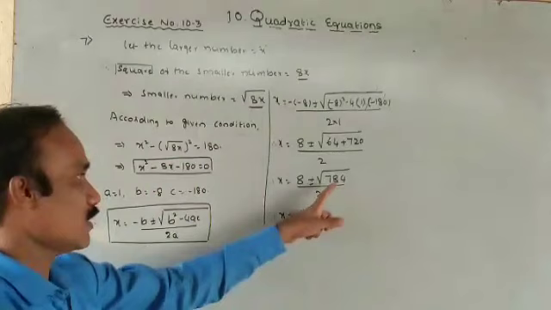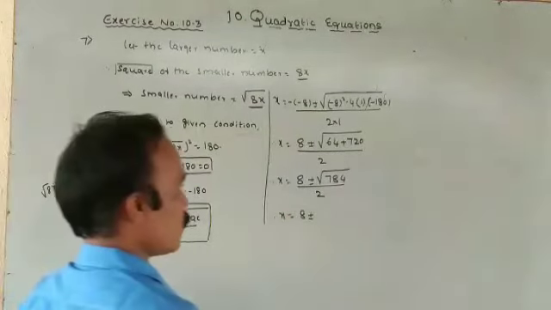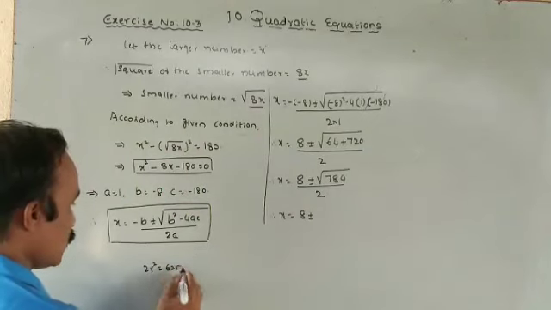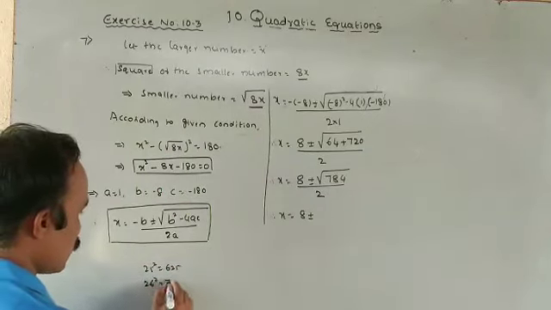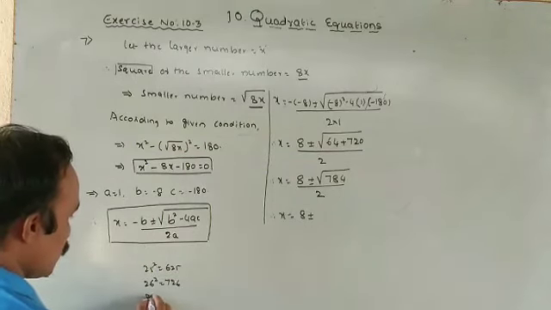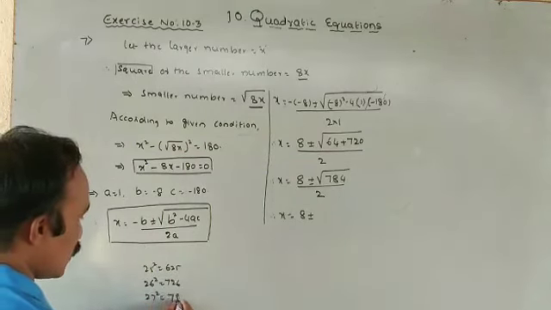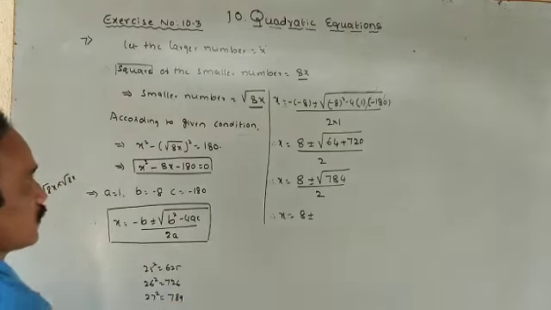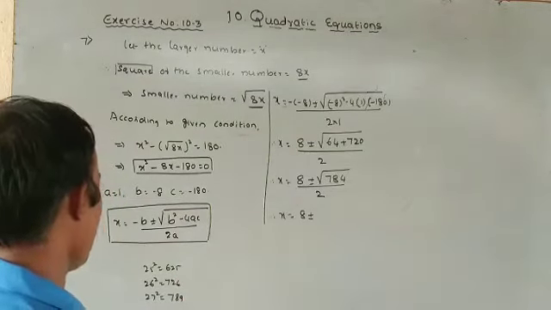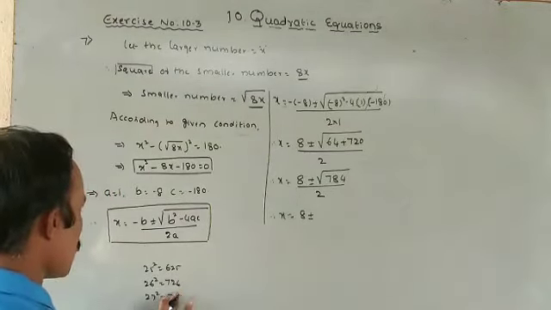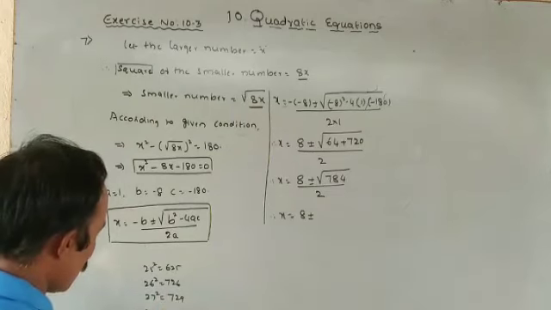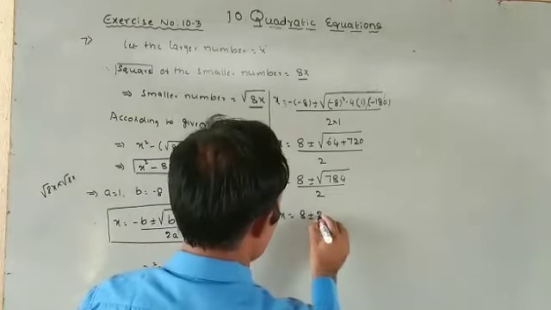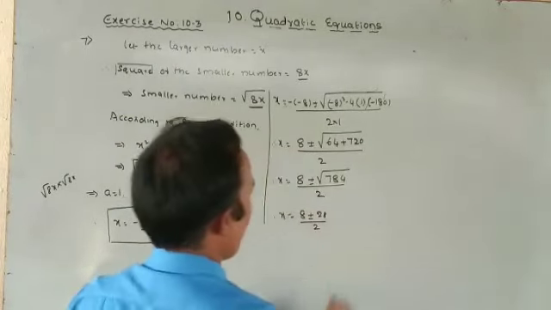What is the root of 784? 25 square is 625, 26 square is 676, 27 square is 729. So 28 square, that is 784. So the root is 28, divided by 2.